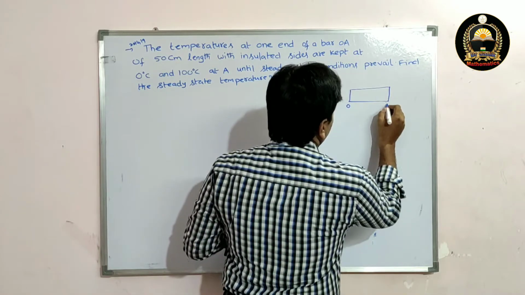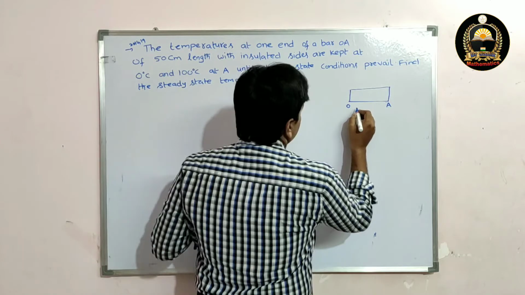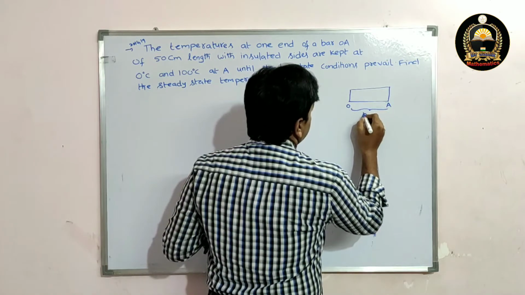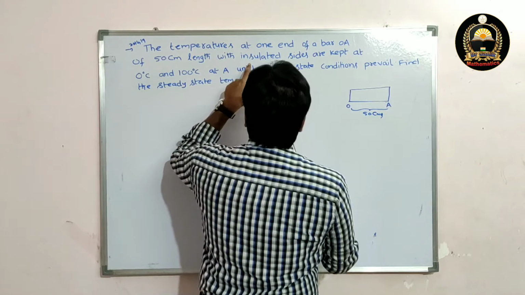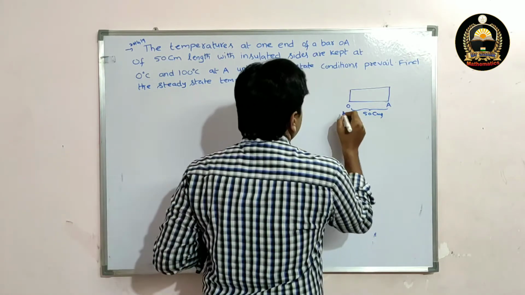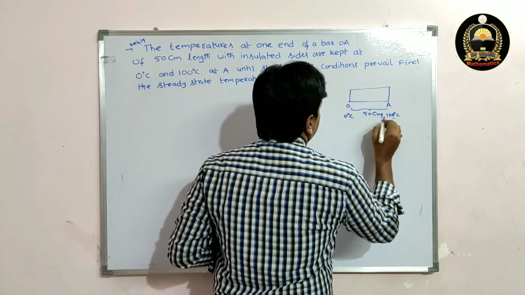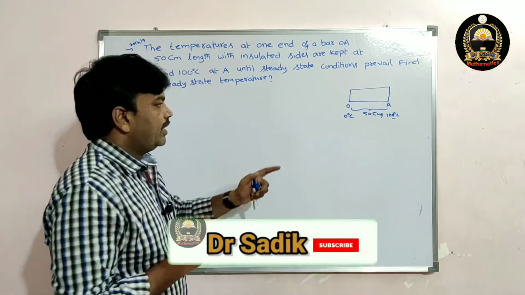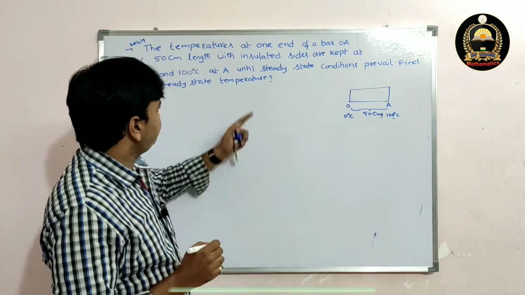One end is O, another end is A. The length is 50 centimeters. One end is at 0 degree centigrade and the other end is at 100 degree centigrade.